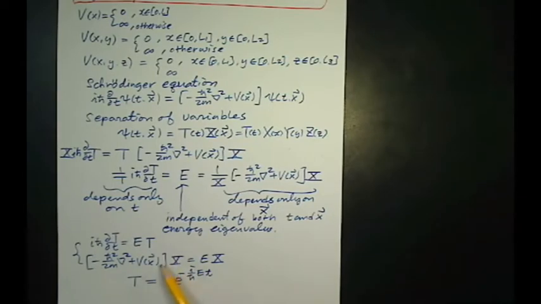This time-independent Schrödinger equation is rigid, and because it is actually the free particle equation, the potential becomes 0.